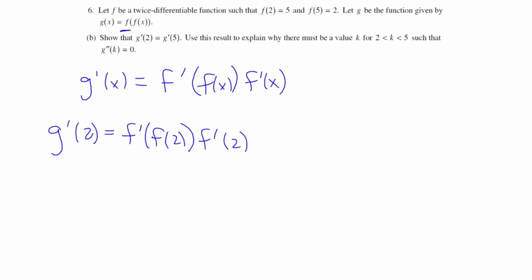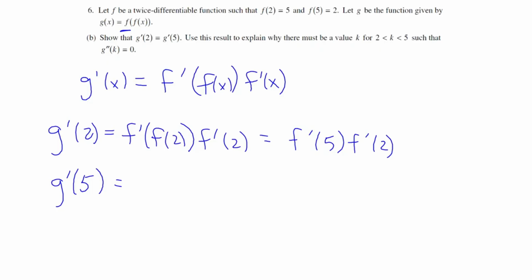And so f of 2 we know is 5. So now we have this is equal to f prime of 5 times f prime of 2. And if we look at g prime of 5, we can't really do anything else with that because we don't know the values of f prime of 5 and f prime of 2.